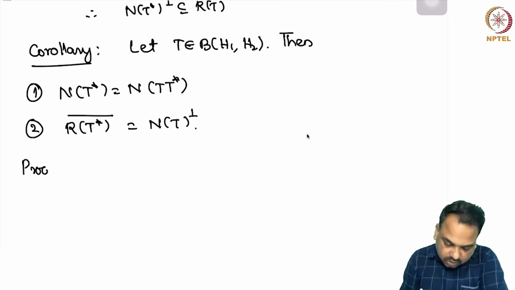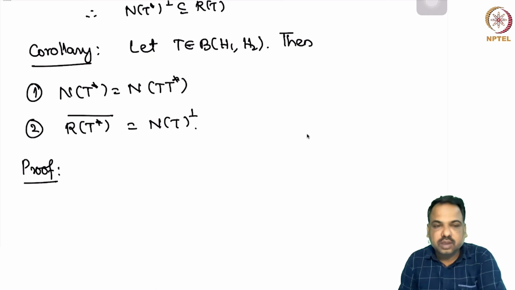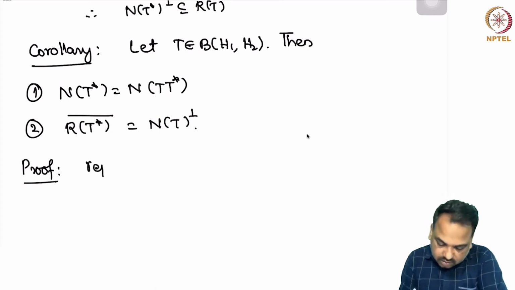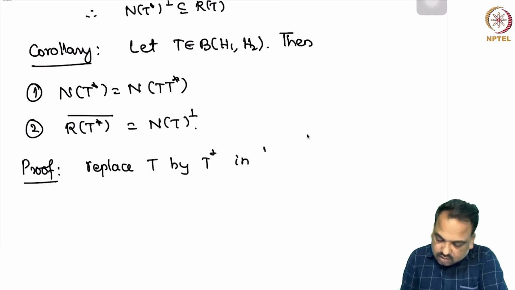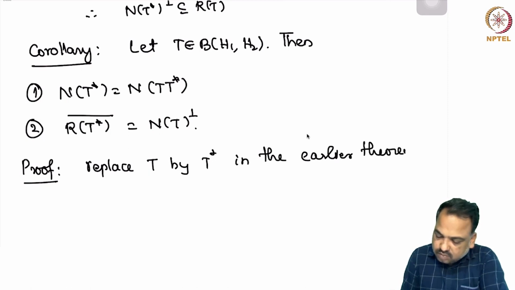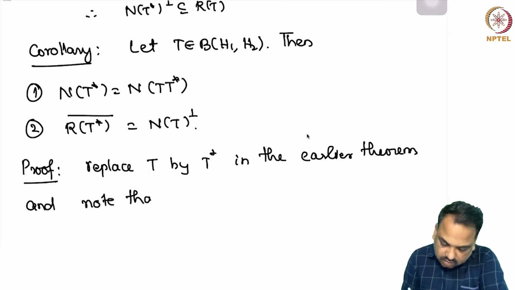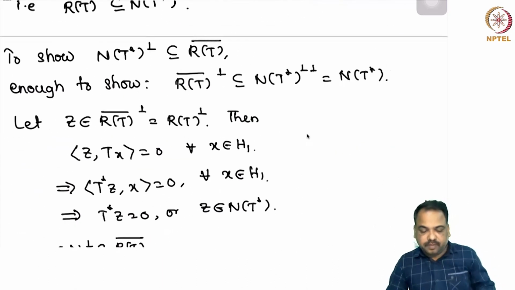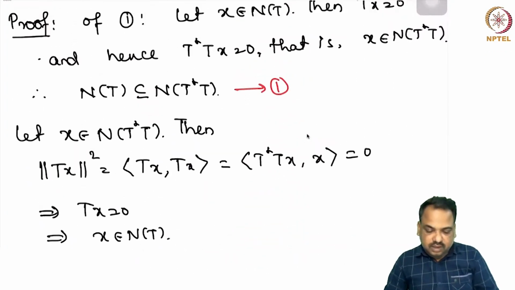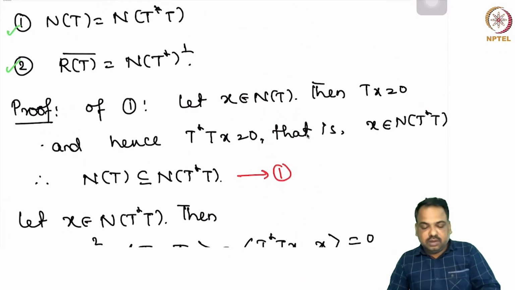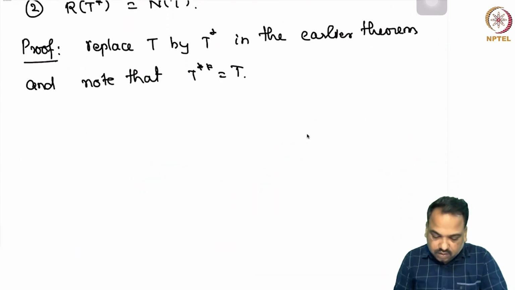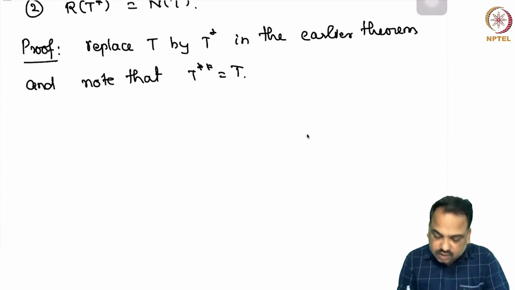The proof is simple. We only replace T by T star in the earlier theorem, and observe that T double star equals T. So from this result we get this. Okay. One more important corollary we can make out of this is the following.